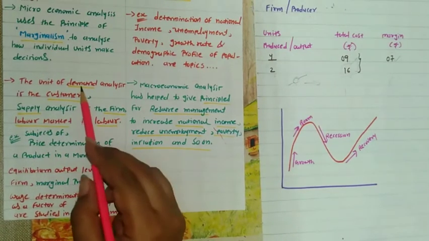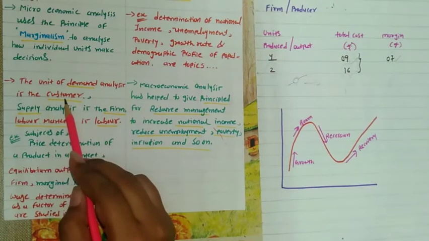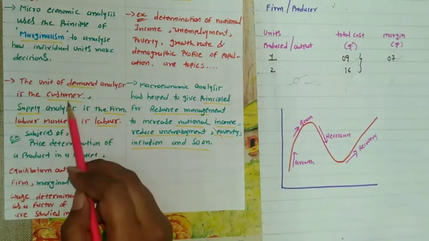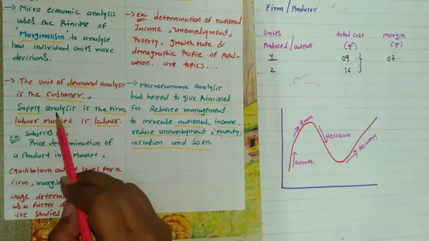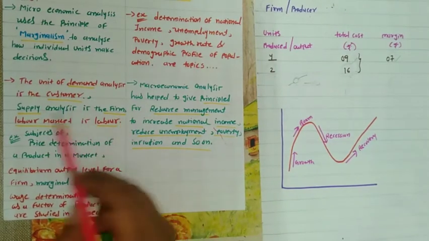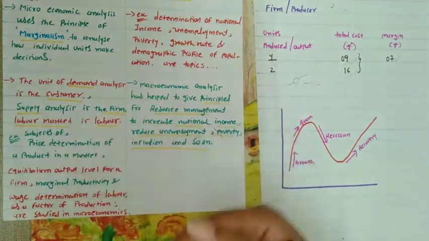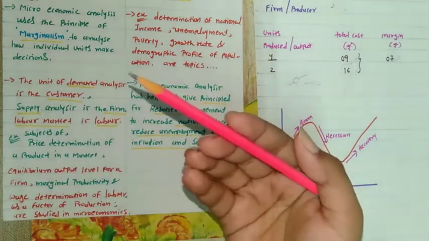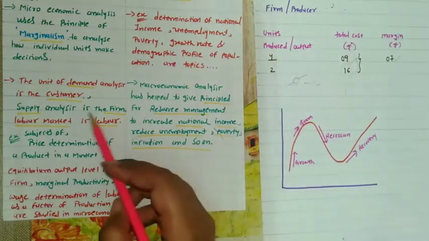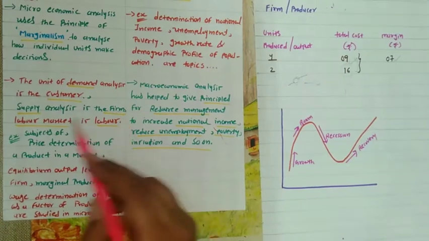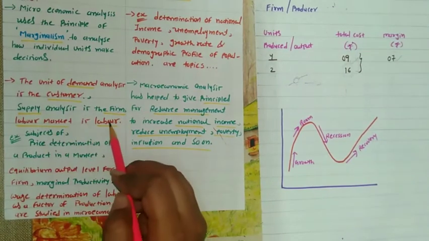How much we have to supply, how much we have to produce, how much we have to put into the market is analyzed by the firm. For the labor market, the unit is labor.